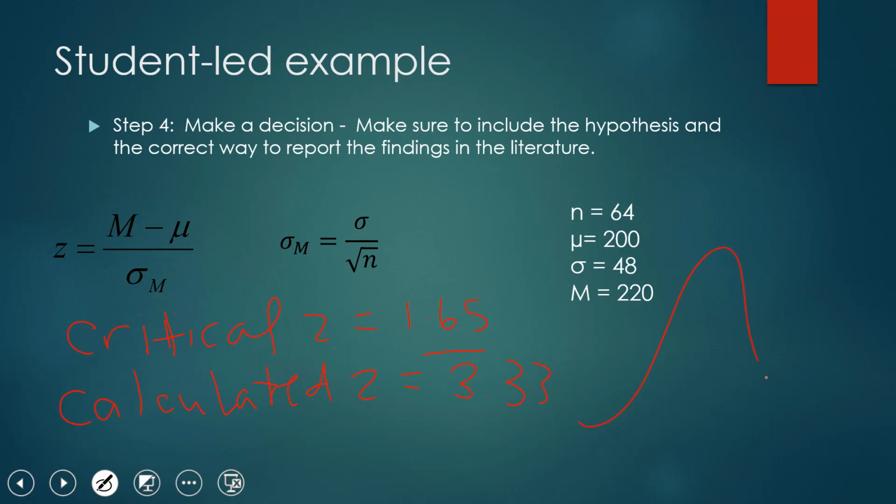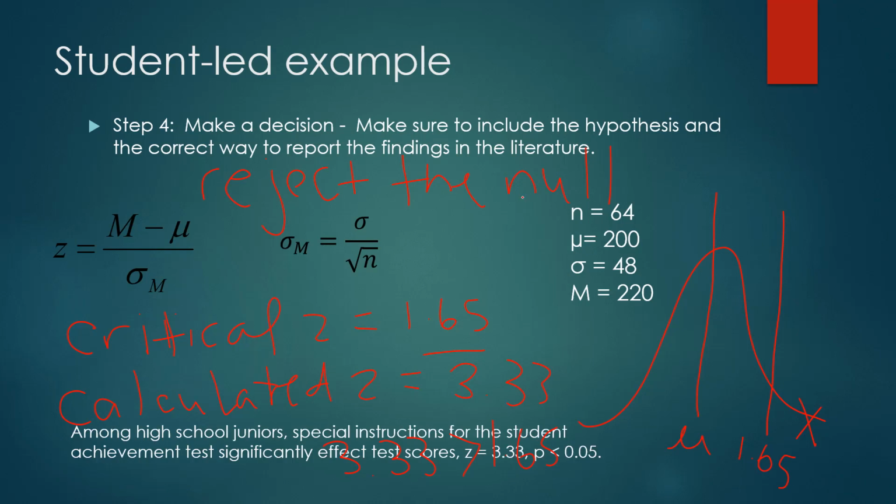So let's think about our diagram again. 1.65 is that critical value. Now 3.33 is greater than 1.65, which means it's going to fall way out there. So that means we reject the null.